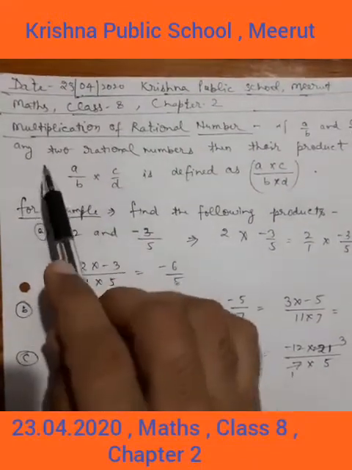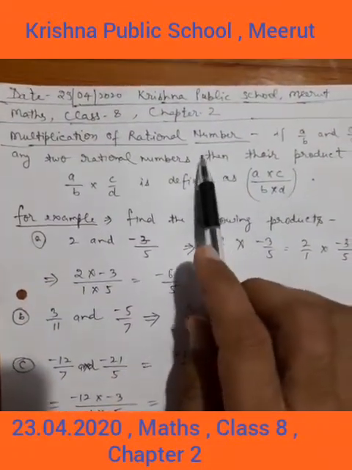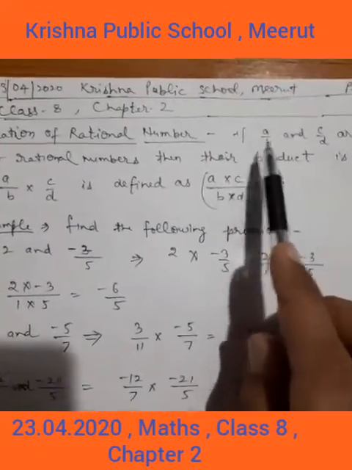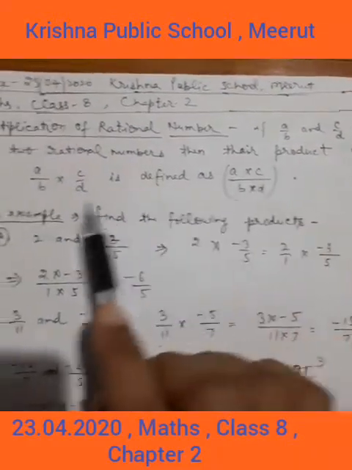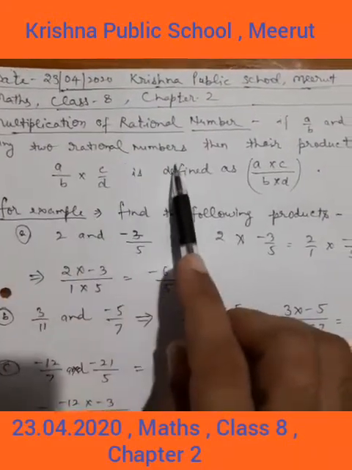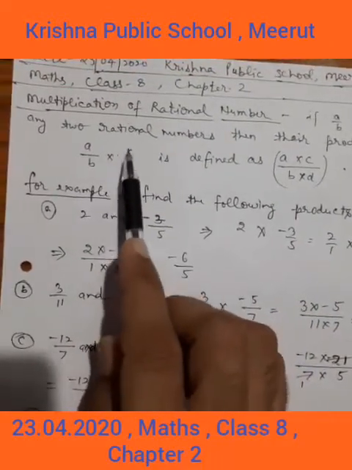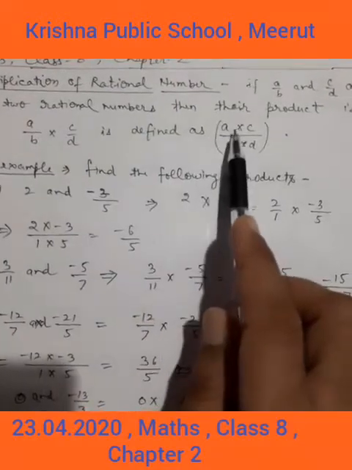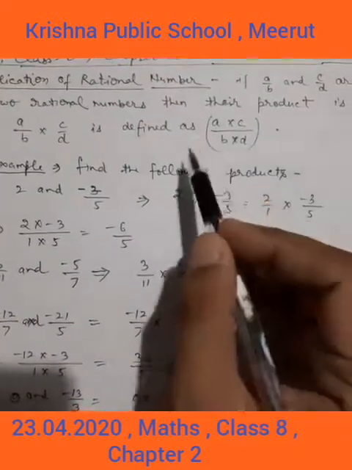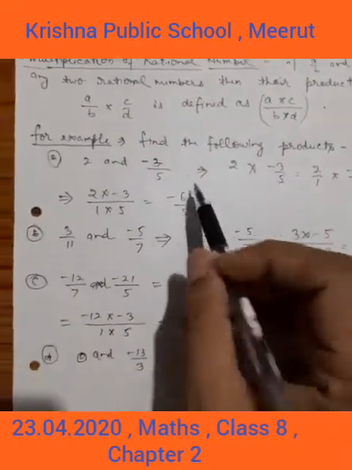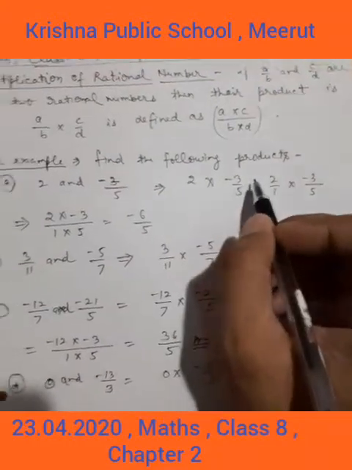Now come to the multiplication of rational numbers. If a upon b and c upon d are any two rational numbers, then their product a upon b into c upon d is defined as a into c upon b into d. For example, find the following products.